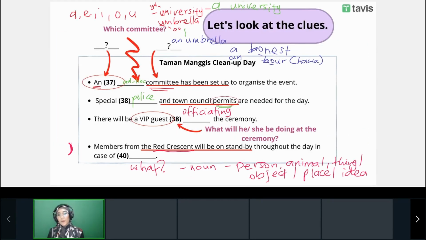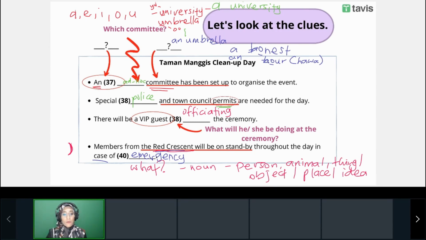How can I know? Here, of the Red Crescent, right? Because of this word Red Crescent, and also in case. Case is also another keyword for this. So now we can all complete this last question. It is emergency.